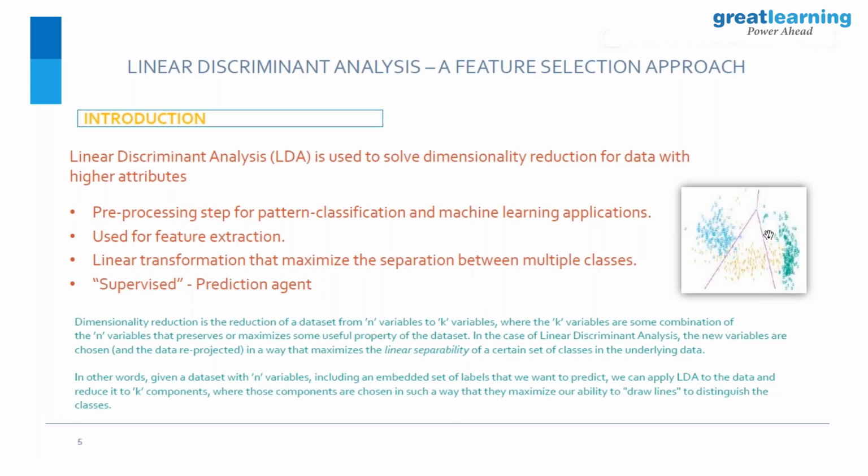So I've been able to reduce my dimensionality from 3 to 2 by dividing it using a linear transformation, or a linear discriminant process.